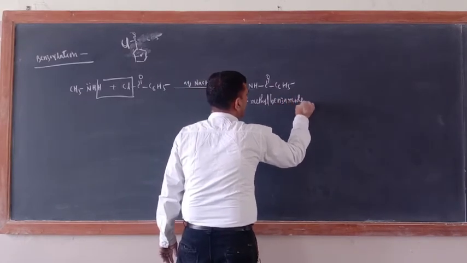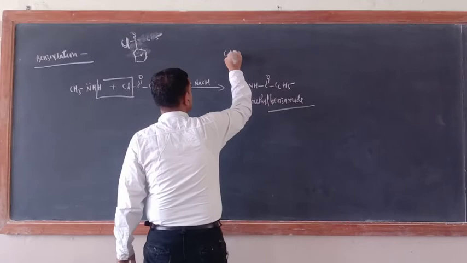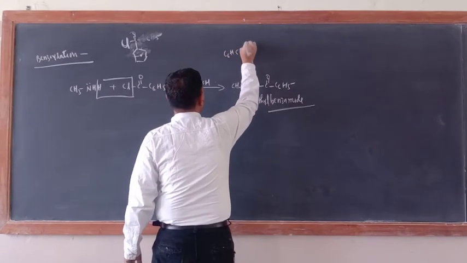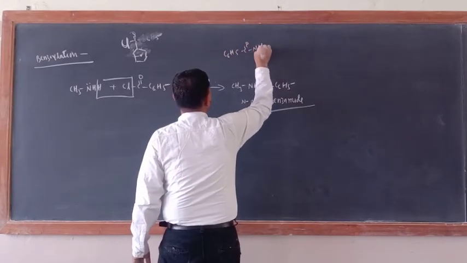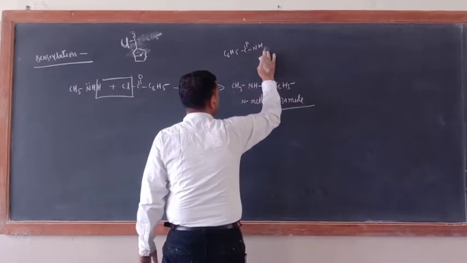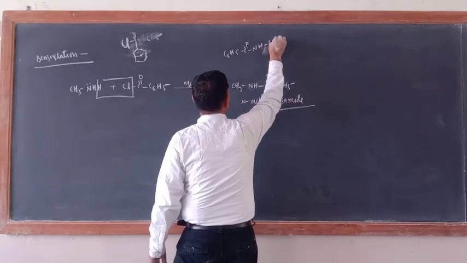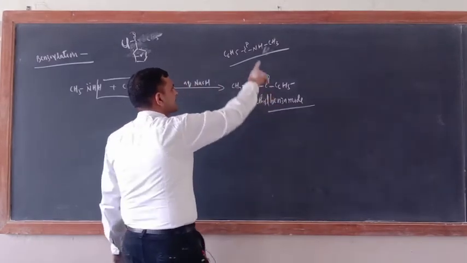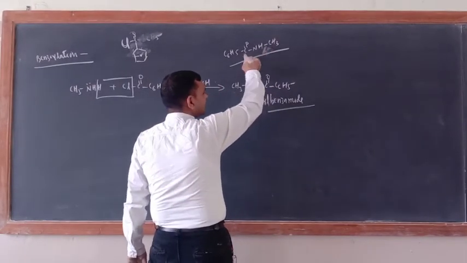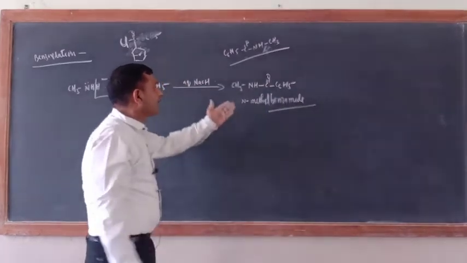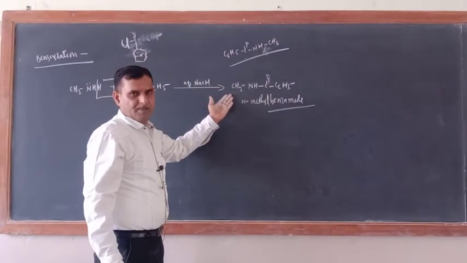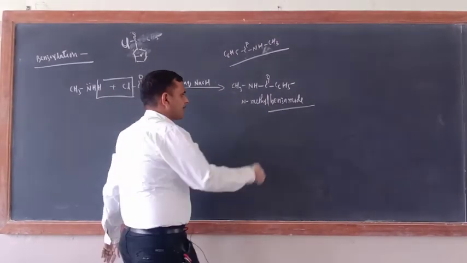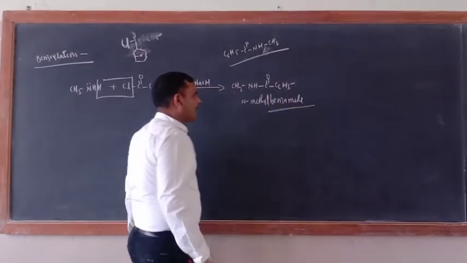This is C6H5C double bond ONH2. This is benzamide, or not? If someone replaces its hydrogen and something gets attached here, what is the name? This is N-methyl benzamide. It is only written here in reverse order.